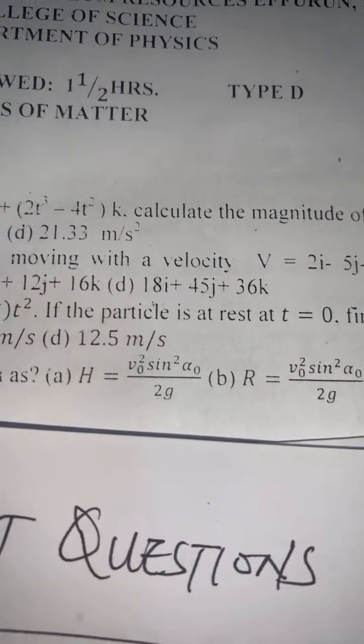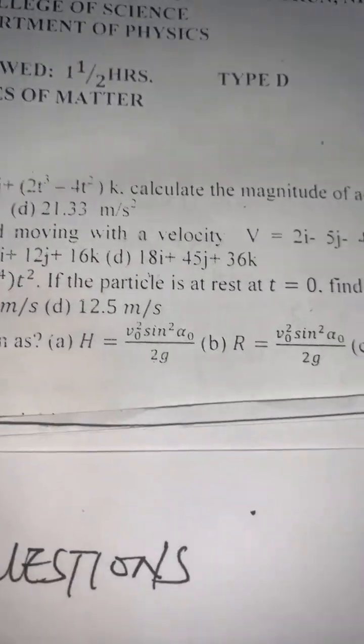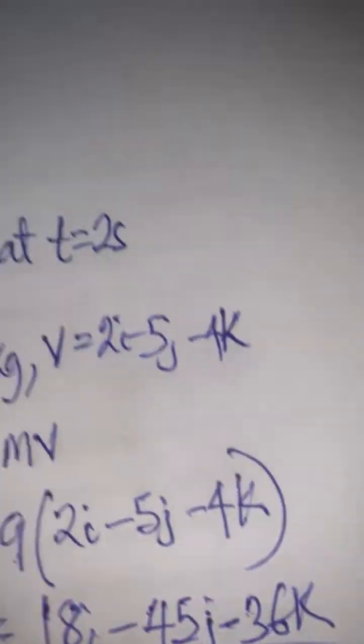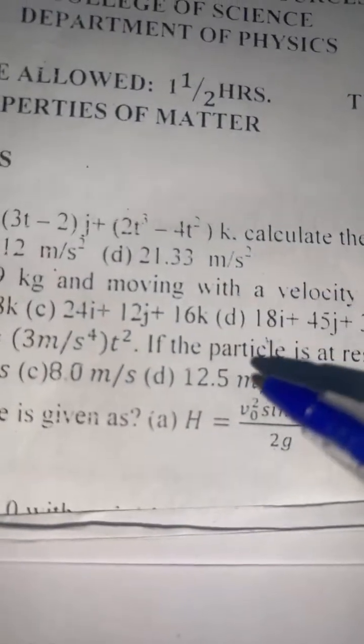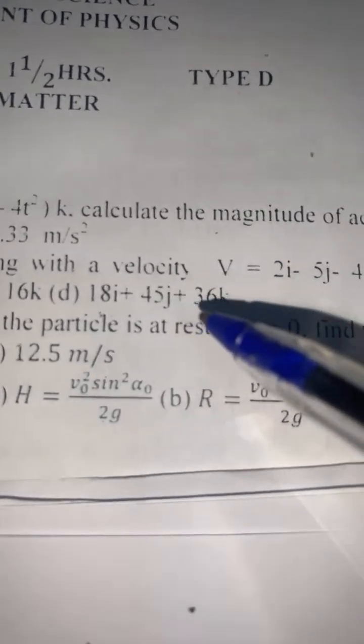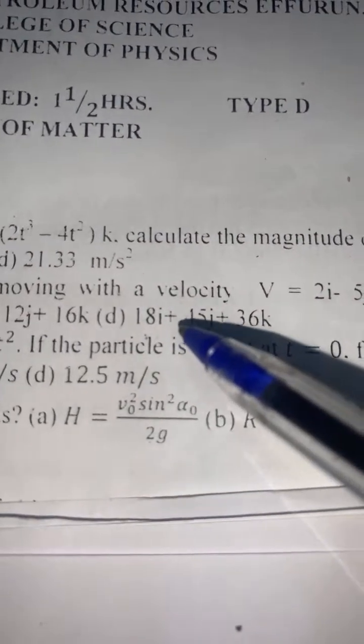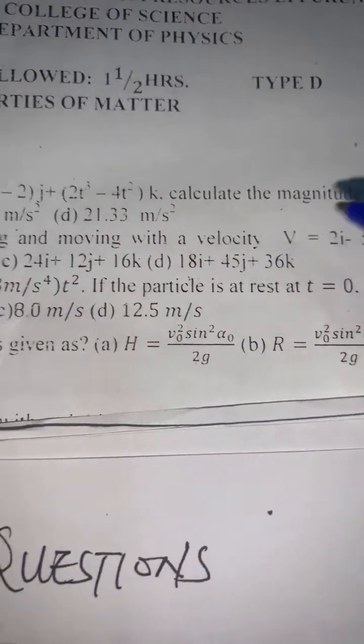So which is the option? D is the option. Beautiful. So the option is D. Even though if you notice, they made a mistake. They are having a positive sign here, meanwhile the equation came with a negative sign. But as much as D is capturing all the answers, then we are good to go.